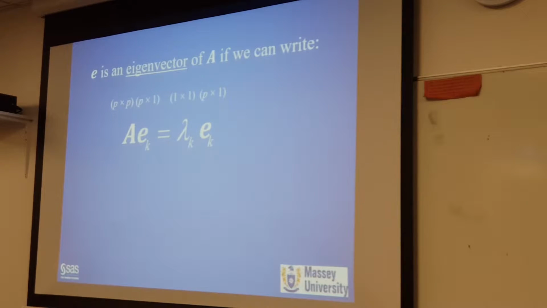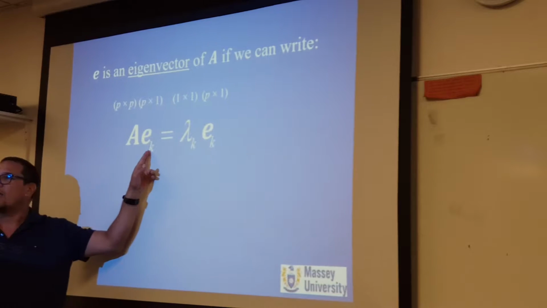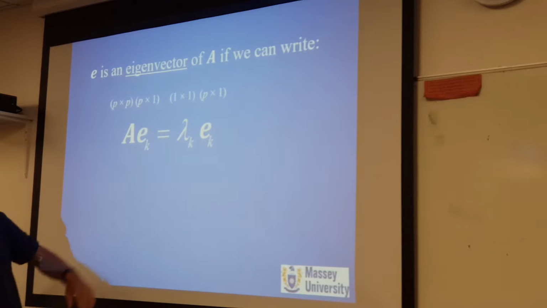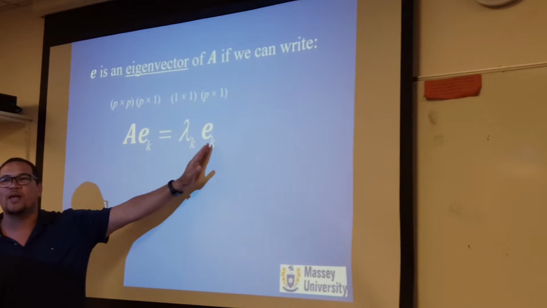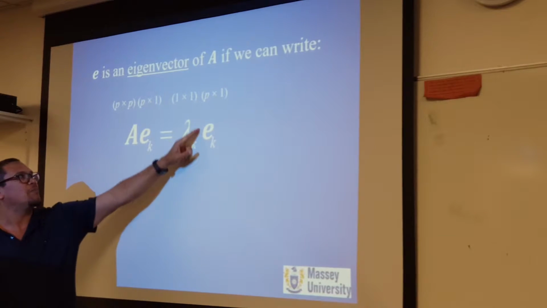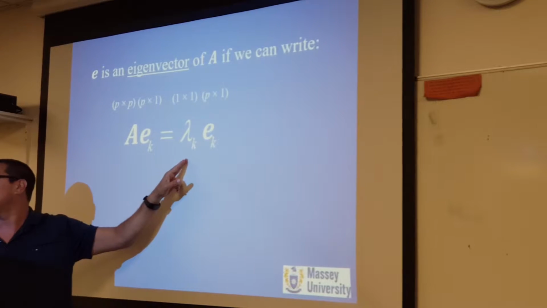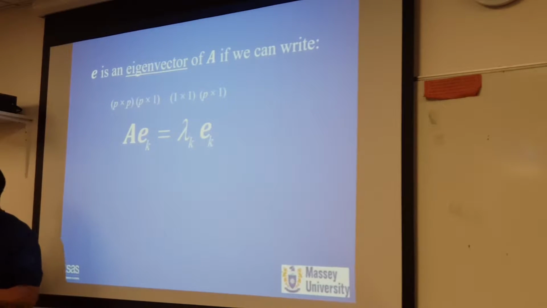Right, so we can write this. We know that if we have a vector and we multiply it by the matrix A, and it's an eigenvector, we end up with the same vector, but it might be of different length, and that length is determined by the scalar lambda, which is the eigenvalue. That's what we've just shown you.